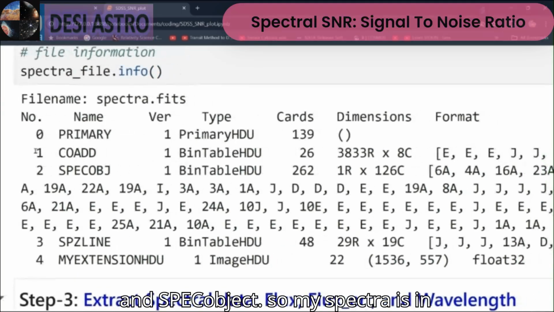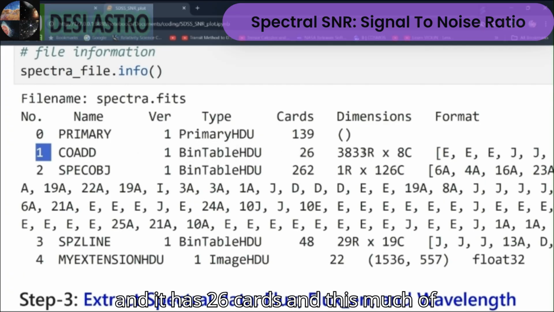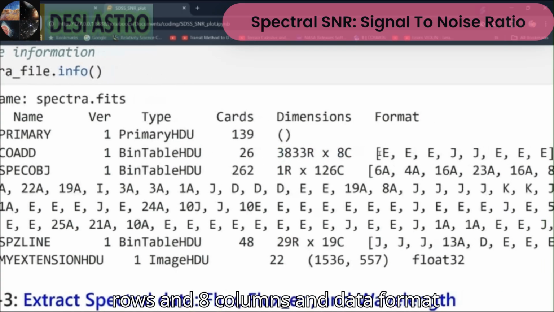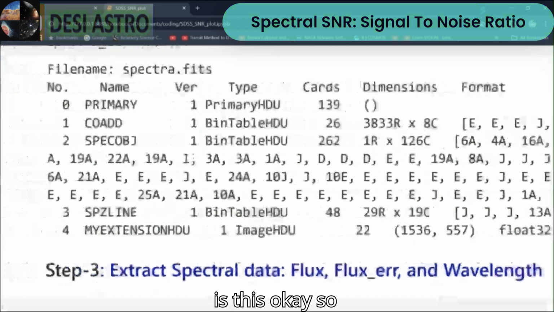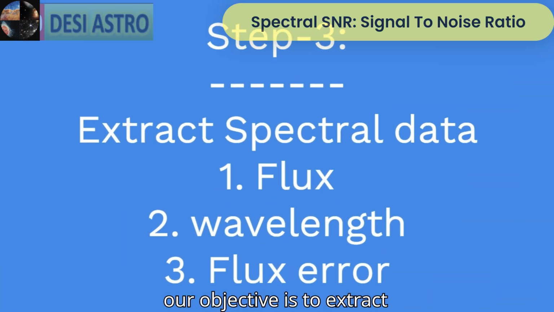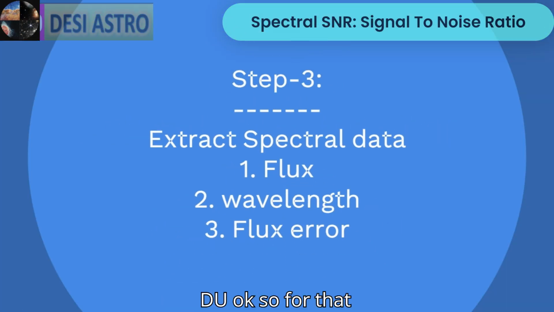My spectra is in the COADD HDU, which is of type table HDU, and it has 26 cards, this many rows and 8 columns, and the data format is this. Our objective is to extract this HDU.